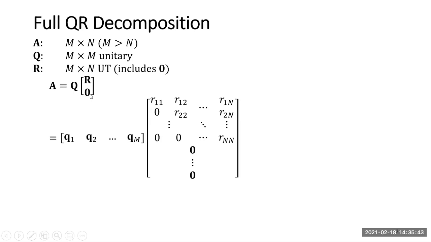When you're doing full QR decomposition, normally this entire block is referred to as R, in which case that would be an M by N matrix. Otherwise, if you're looking at only this smaller square matrix, it's N by N, equal to the number of columns N, and this is upper triangular.